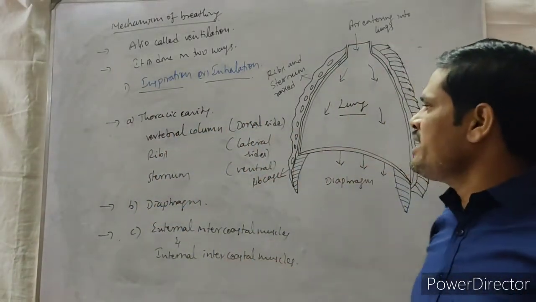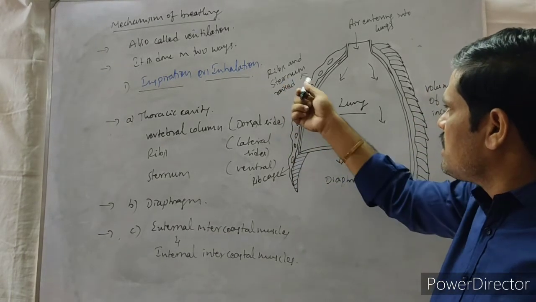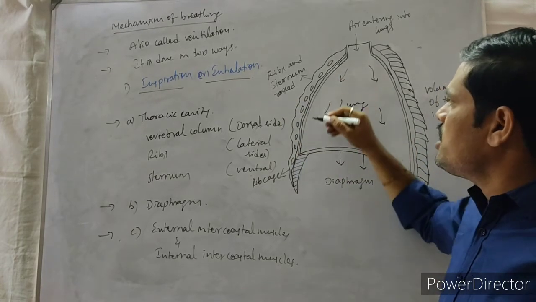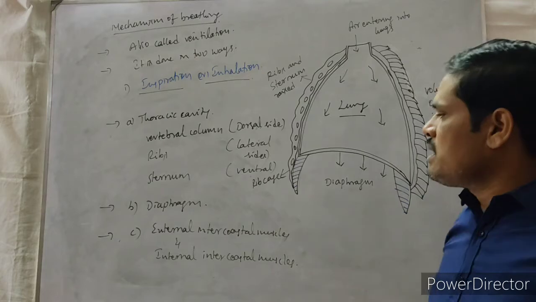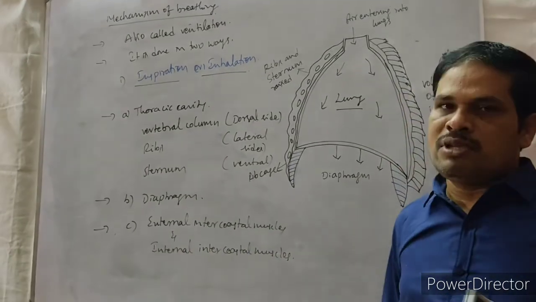These muscles are present in between the ribs. If you see the ribs and the sternum here, in between two ribs, external intercostal muscles and internal intercostal muscles are present.